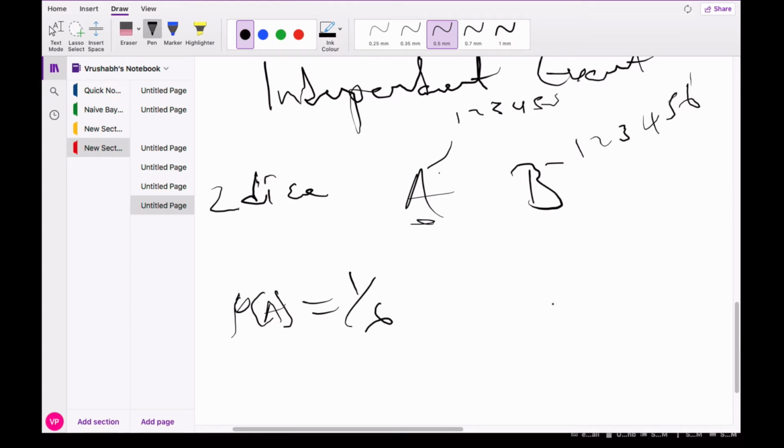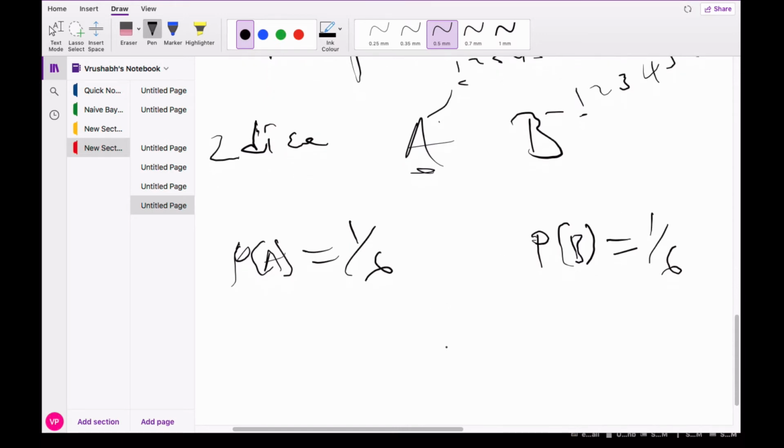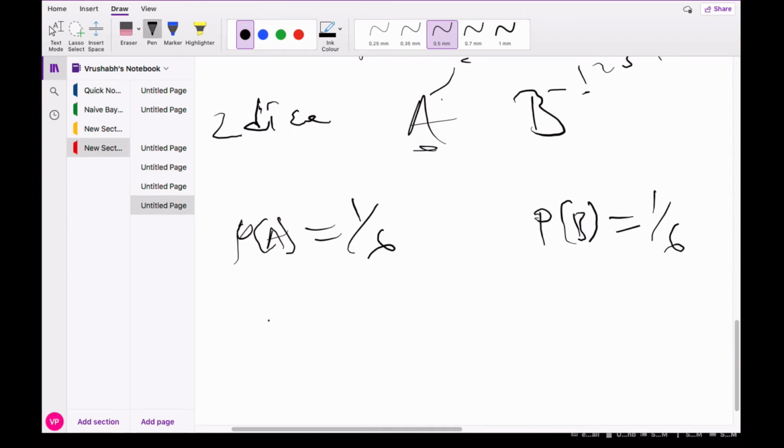And if we pick die B and we want to see the probability of rolling a 1, it's also going to give us 1/6. It's just 2 different dice. So the probability of rolling a 1 on each of them is 1/6. What if we want to find the probability of A and B?